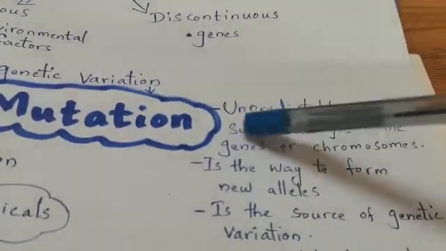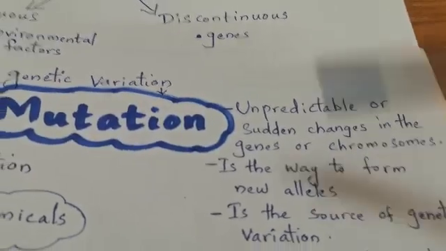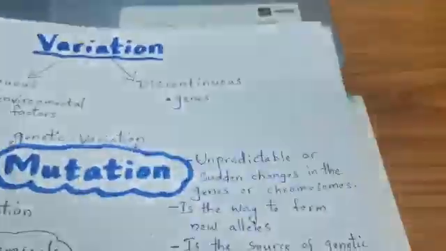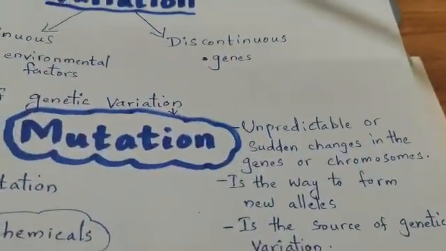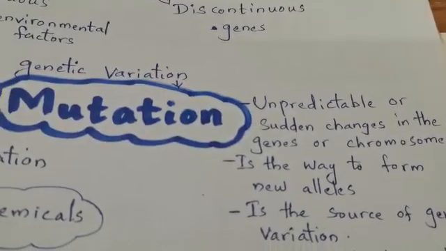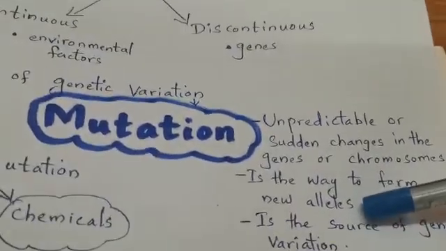If the changes happen in the genes or chromosomes, some new genetical characteristic individuals are forming. So mutation causes the genetical variation also.